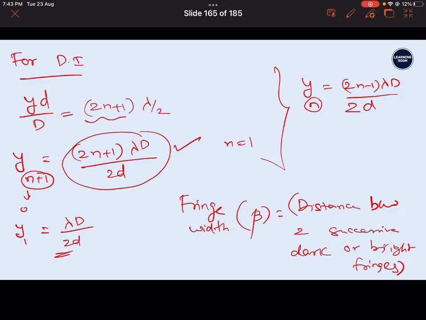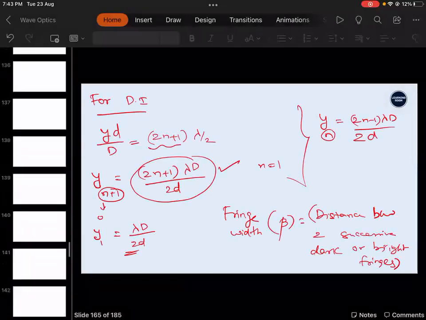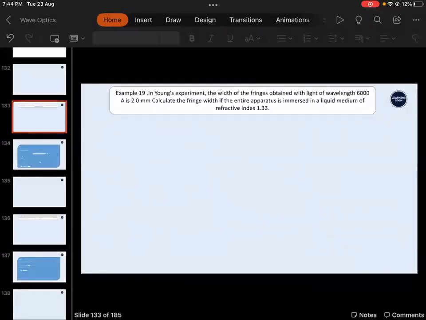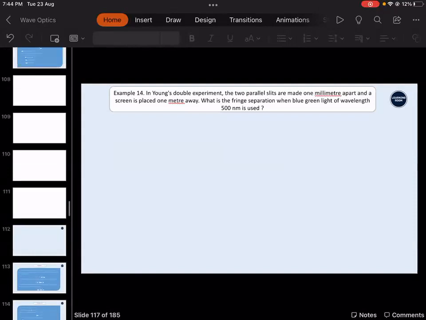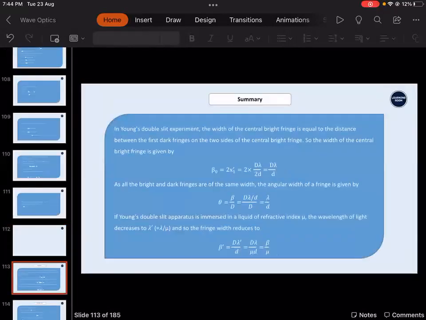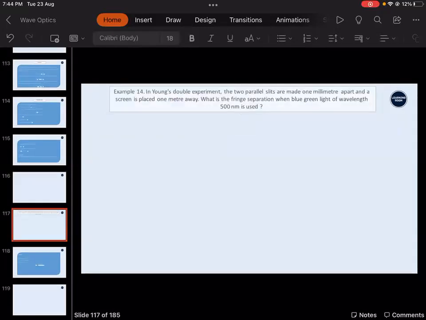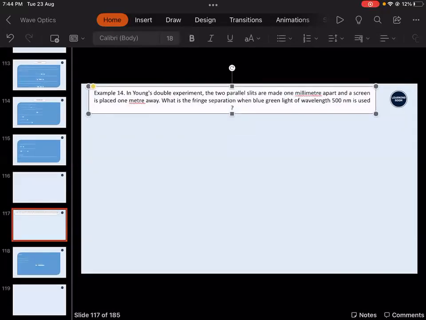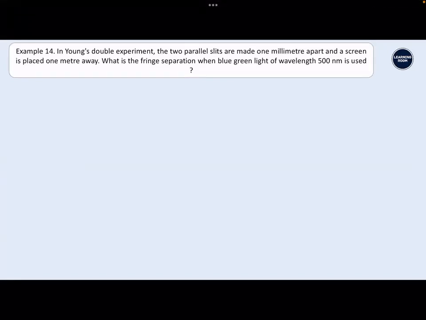Clear? So now we are ready to solve problems. Young's double slit experiment is also called YDS.